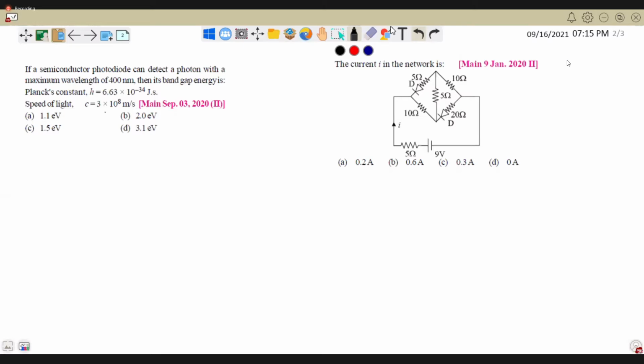Yes. Your energy is equal to hc by lambda, which is 1240 eV nanometers divided by 400 nanometers. The nanometer gets cancelled. Your answer is 3.1 eV.